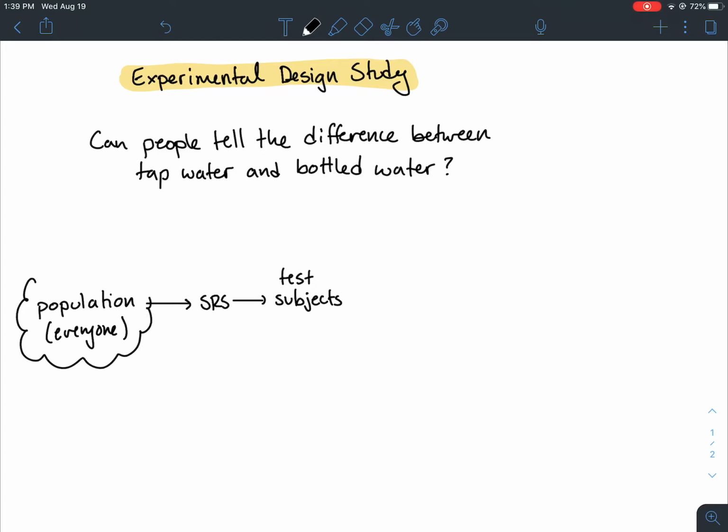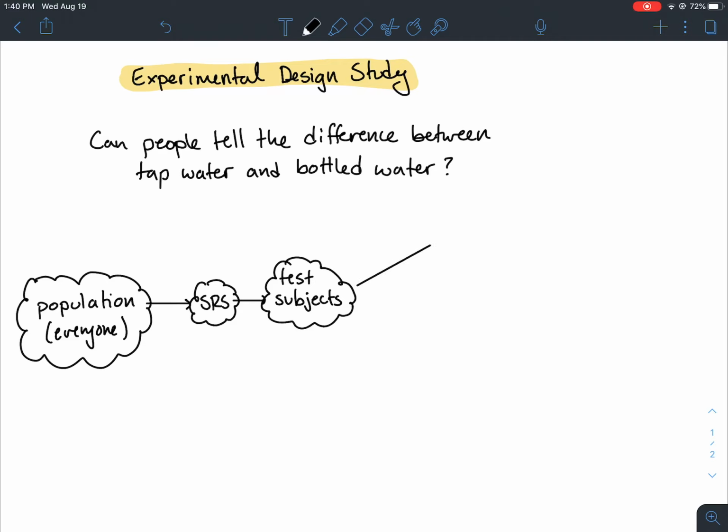So we go from a population, then we take an SRS of that population, and we get random test subjects, because we don't want anything to really bias this. We want just randomized results like we talked about before with surveys. The tricky part with this, though, is how do we do this test now? Well, we're going to do two different things.